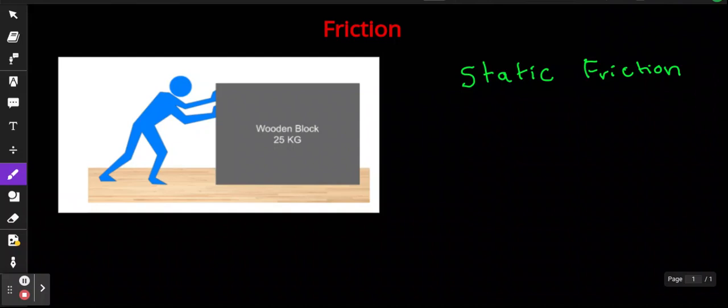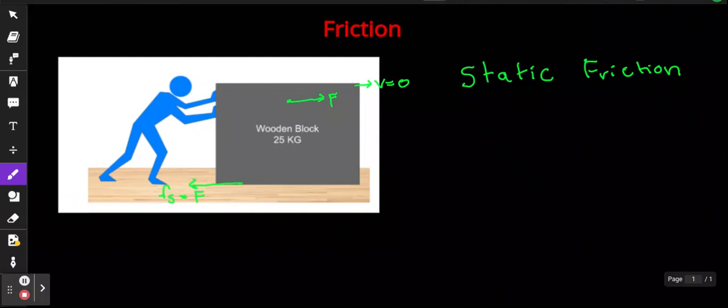For example, if this person was pushing a block with a force of F, but the velocity of the block was 0, that means that there is a static friction exerted on the block from the surface that's also equal to F. This keeps the block from moving.